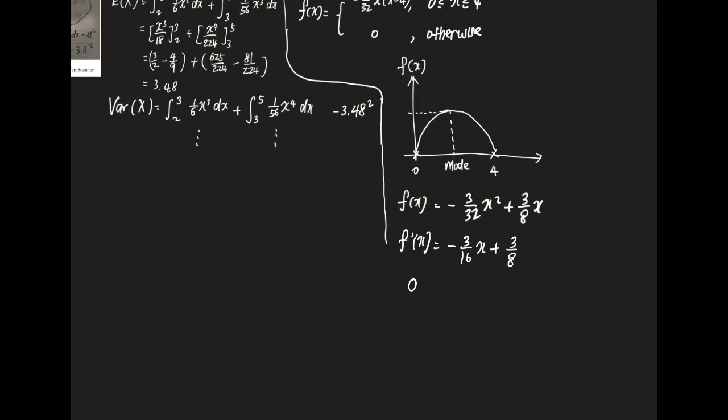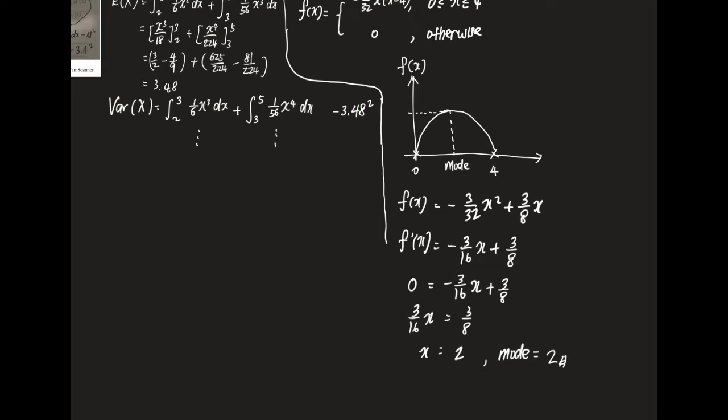We let f prime of x equal to 0 in order to find the stationary point. Then we get 3 over 16x equal to 3 over 8, then x equal to 2. Hence the mode is equal to 2. That is how we find the mode.